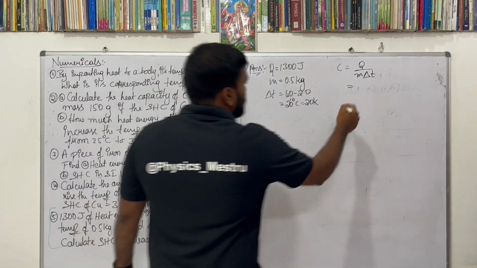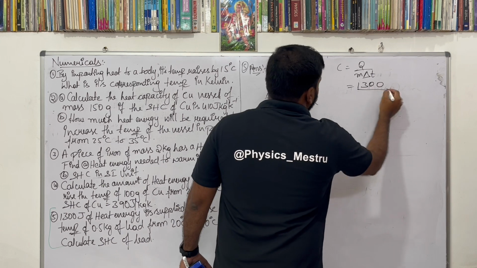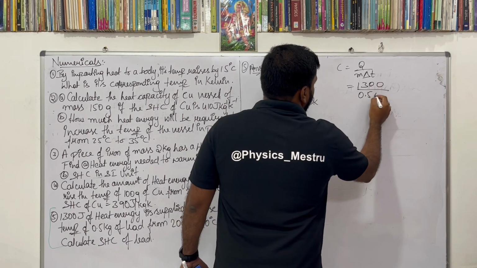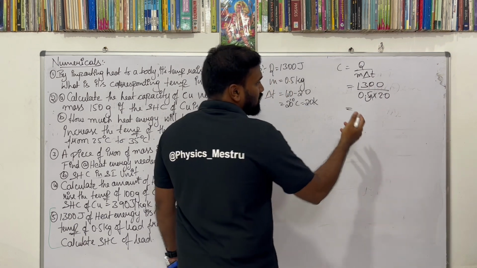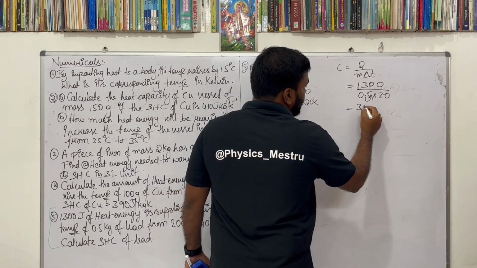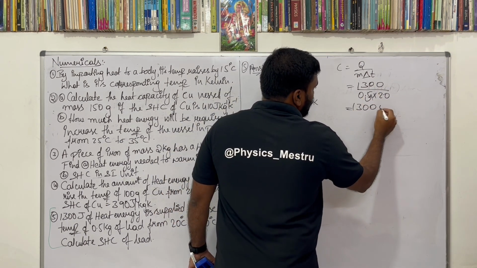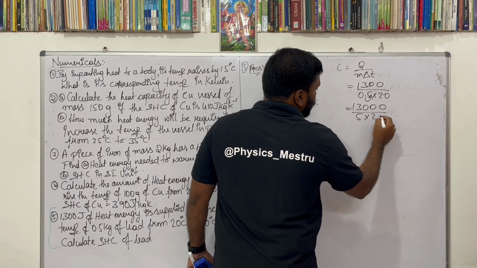This is the simple formula. So that is nothing but 1300 divided by 0.5 into 20. Shift this point to the right side, it will become 1300 divided by 5 into 20.